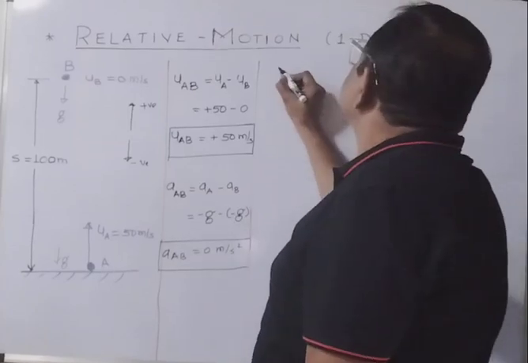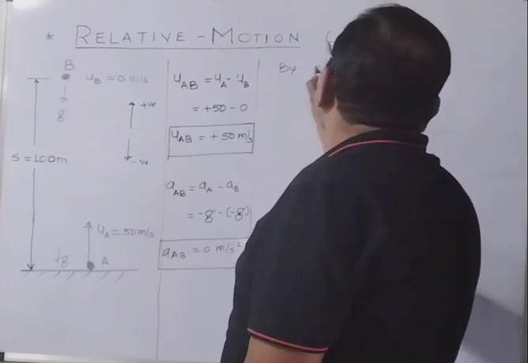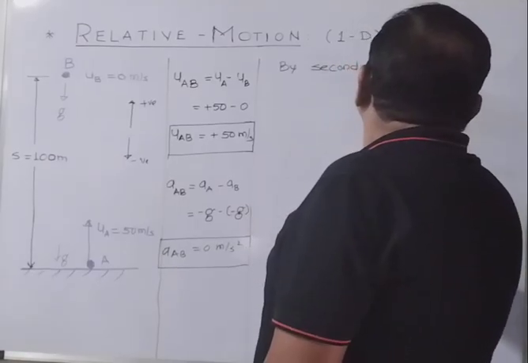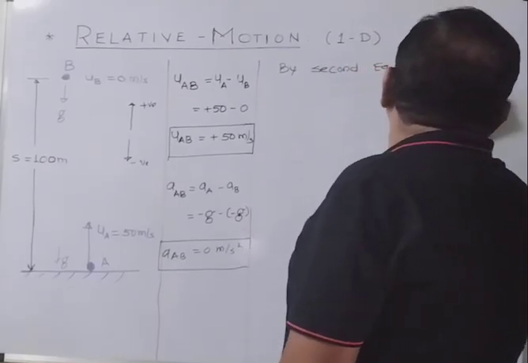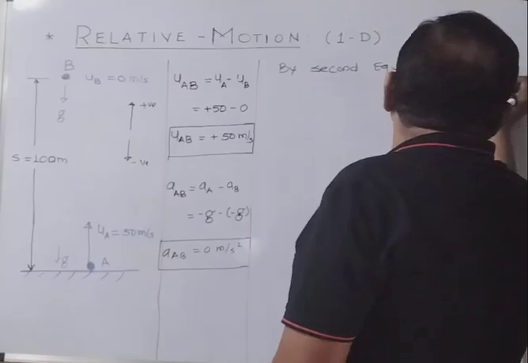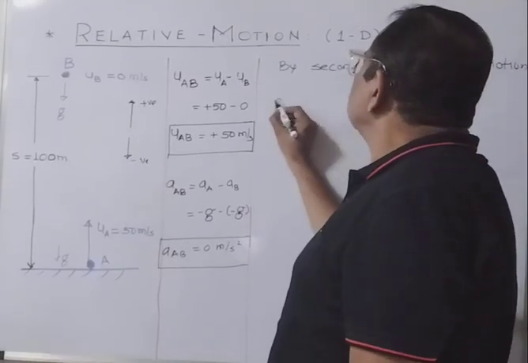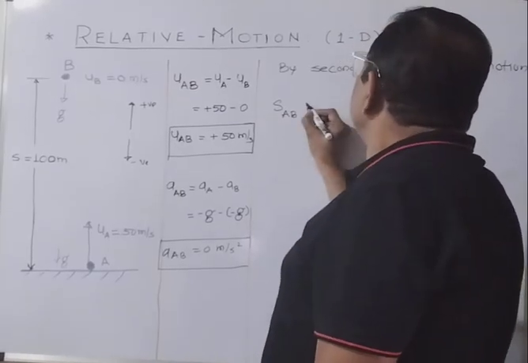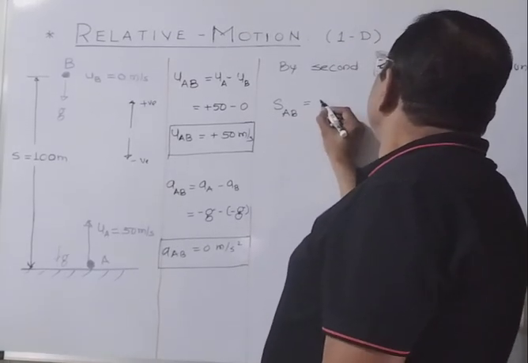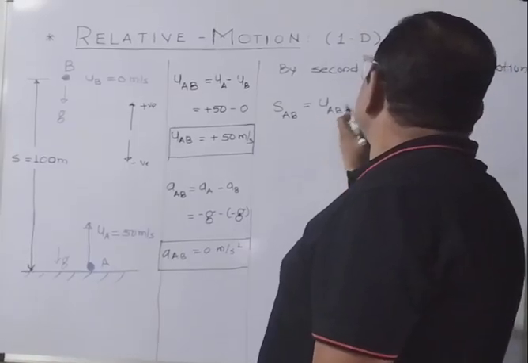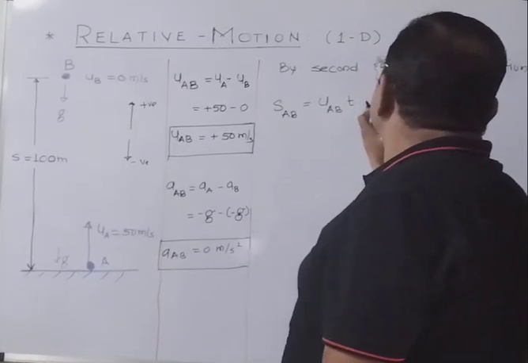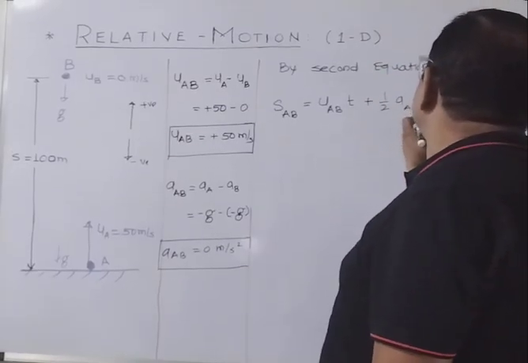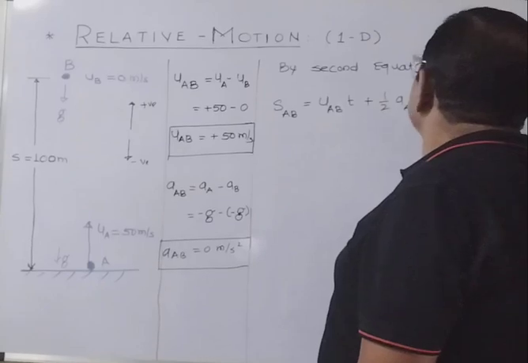So now, by second equation of motion, the relative distance of A with respect to B is equal to velocity of A with respect to B into time when they will cross each other, plus 1 by 2 acceleration of A with respect to B into t square.